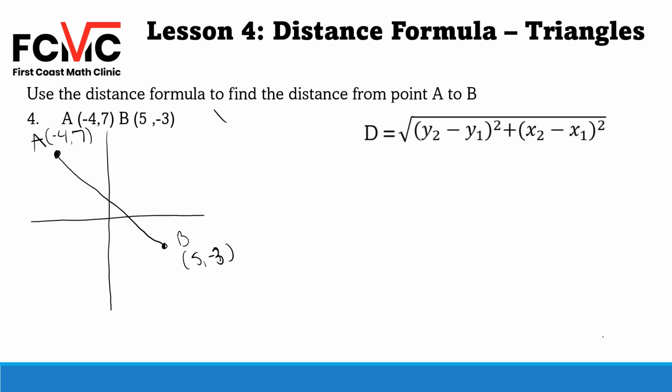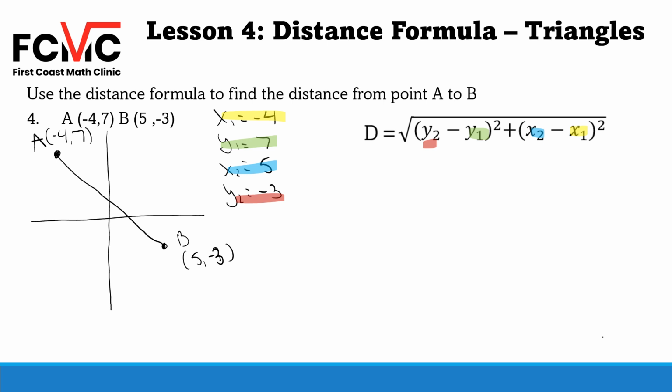So let's identify our x1, y1, x2, y2 to start. So I like going left to right. So negative 4, 7, 5, negative 3. So x1 is negative 4, y1 is 7, x2 is 5, and y2 is negative 3.